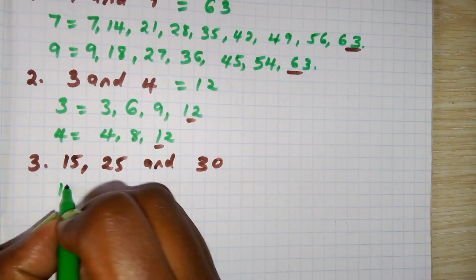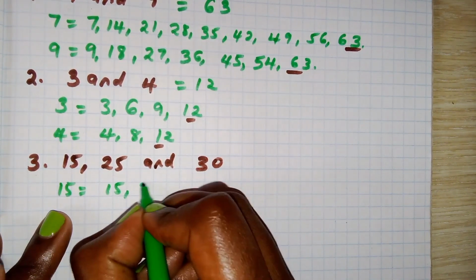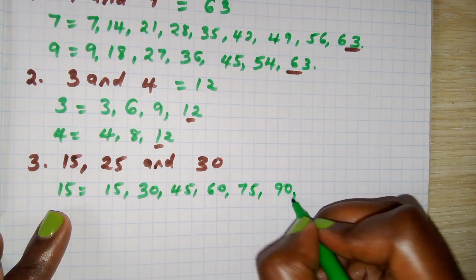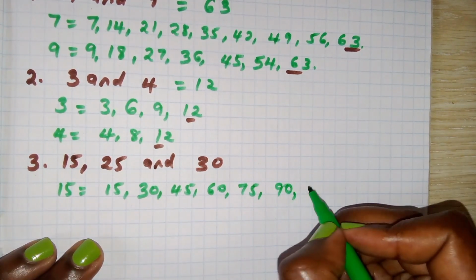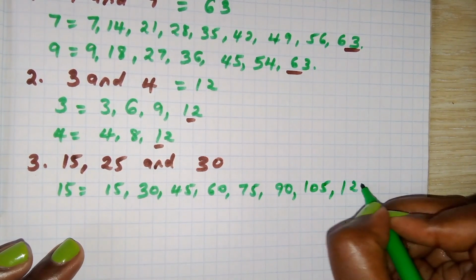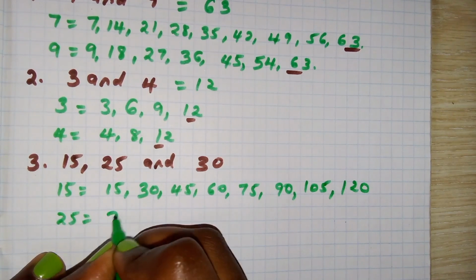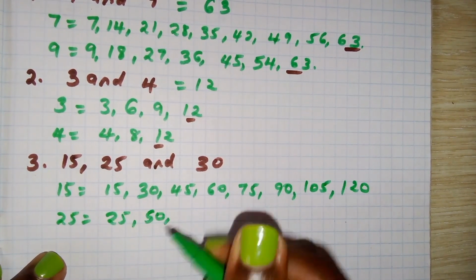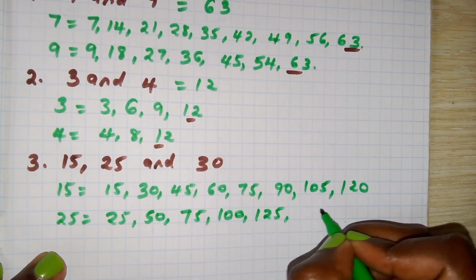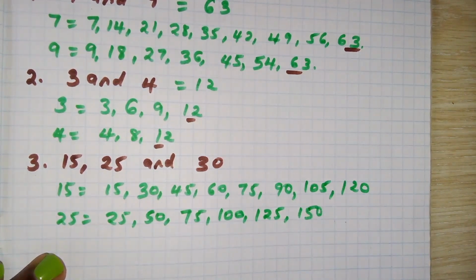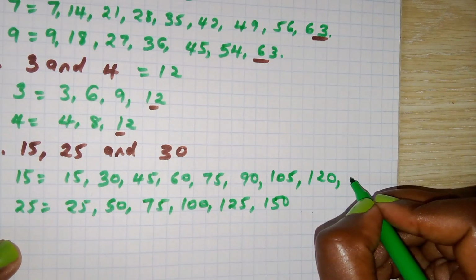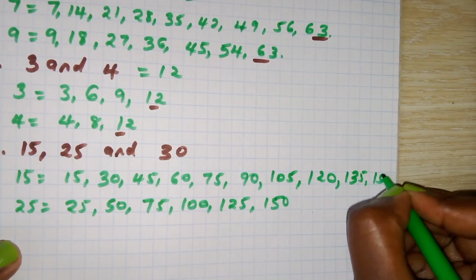We do the multiples of 15, which is 15, 30, 45, 60, 75, 90. 90 plus 10 is 100, so 105 plus 15. 105 plus 5 is 110, so 120. 25, we have 25 plus 25, 50 plus 25, 75, 100, 125, 150. So maybe we continue this one. 120 plus 5, that is 125, 135, and 150.